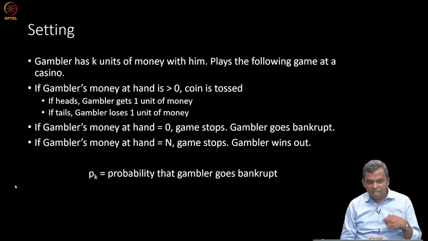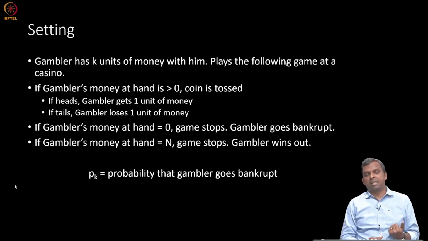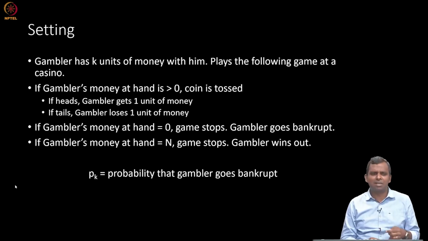By conditioning on something, you observe that the next step is very similar to the previous step, right? So he has k units of money, something can happen in the first toss, and then after that he's in a similar situation, isn't it? He has maybe a different amount of money with him. It could be k plus 1 or k minus 1, but after that the game has not changed. It's the same game. His money has changed, but it's the same game.